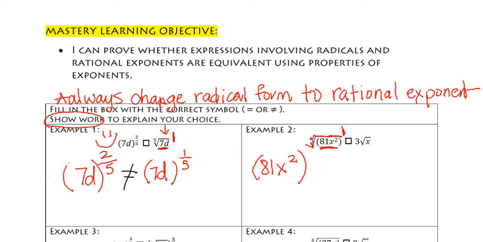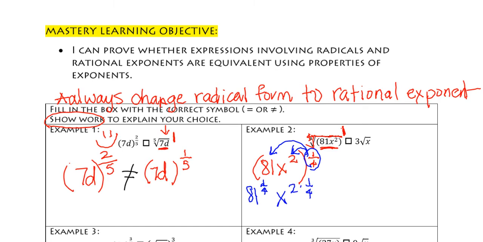And it's going to be raised to the 1/4 power, the exponent. And I'm going to then take this 1/4 and distribute it to everything on the inside here. That leaves us with 81 to the 1/4 power and x to the 2 times 1/4.